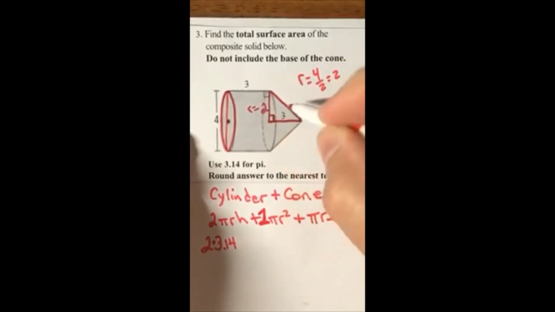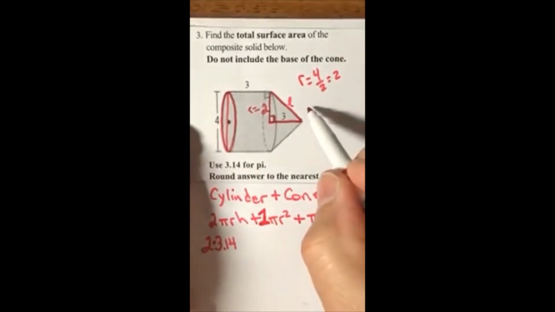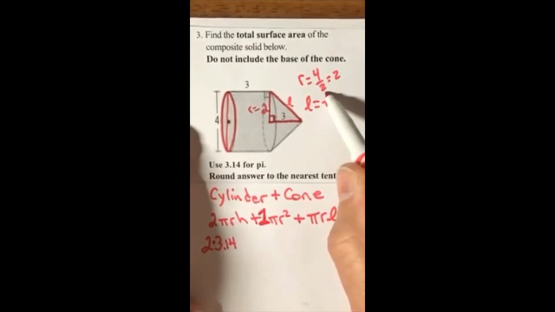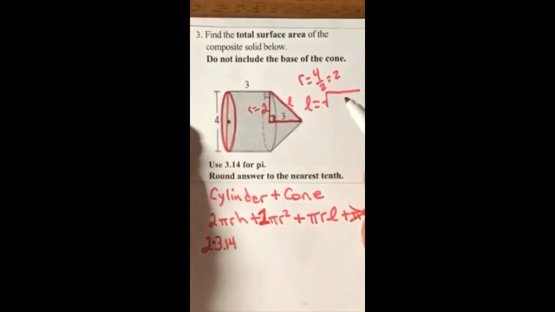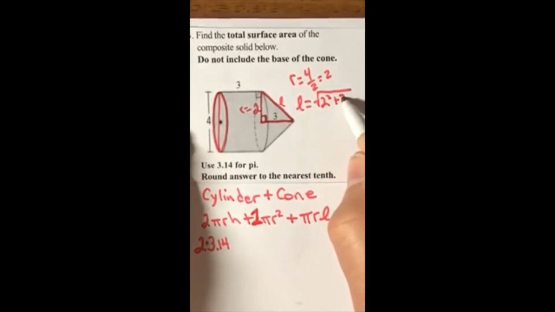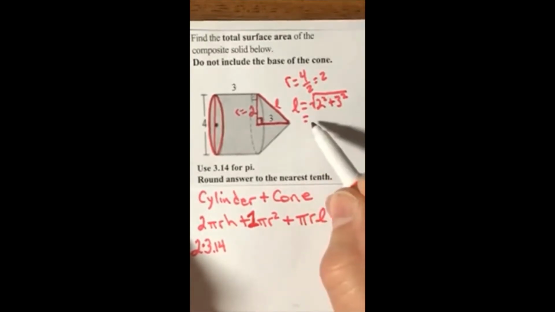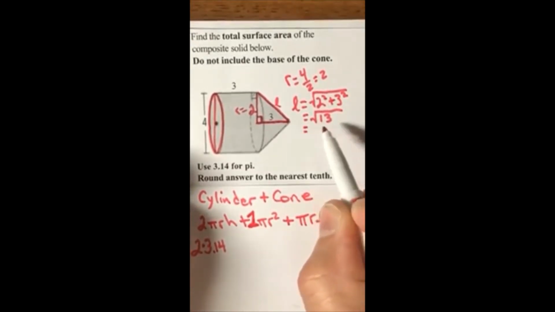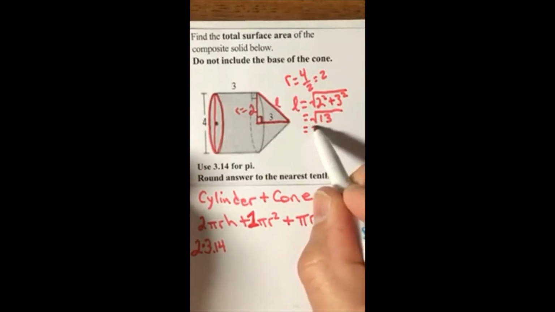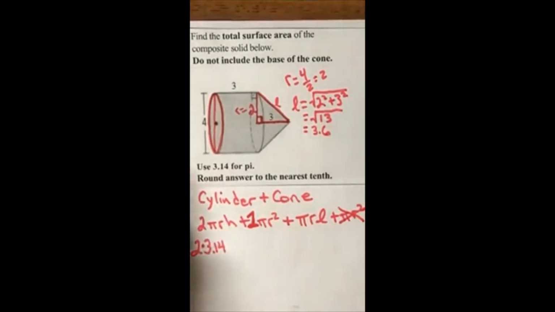I know that r is equal to 2, and I've got to find the slant height, which is c. Remember, you square the legs and add them, then take the square root. 2 squared plus 3 squared: 2 squared is 4, 3 squared is 9, and 9 plus 4 is 13. So the slant height is the square root of 13, which rounds to 3.6, but we need to use all those decimal places or keep it as the square root of 13.